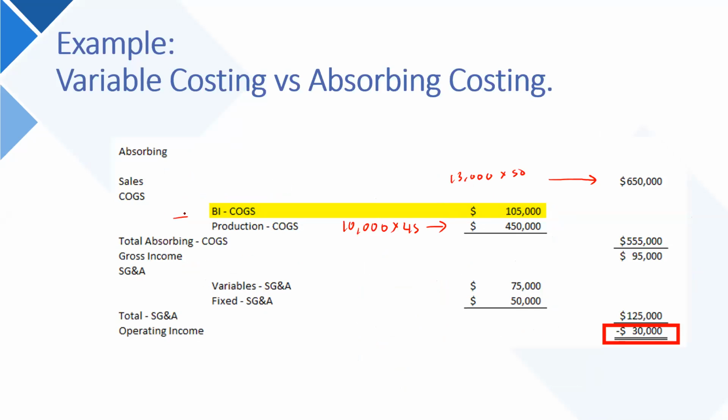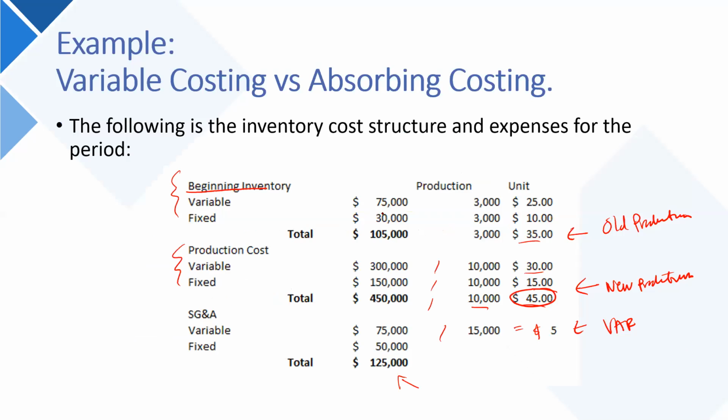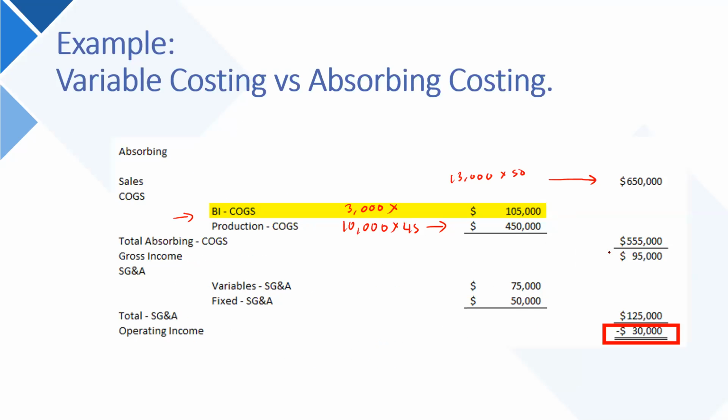Well, from my beginning inventory. So I go and I take 3,000 and I multiply by what? By my unit cost from the previous production, the old production, you see, which is 35 pesos. So I do that, and 3,000 times 35 is 105,000.